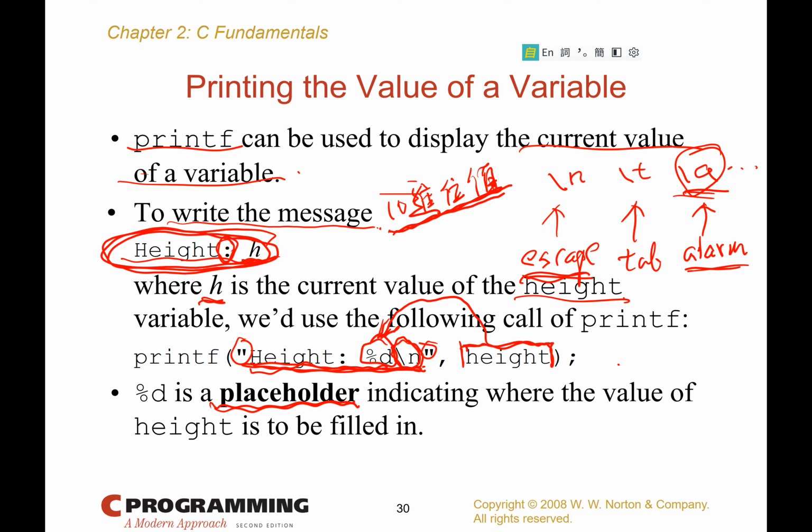What's a placeholder? A placeholder is someone who occupies a place, occupies a space. So percentage D occupies the string inside this pair of double quotation, and the value of height will be filled in percentage D.